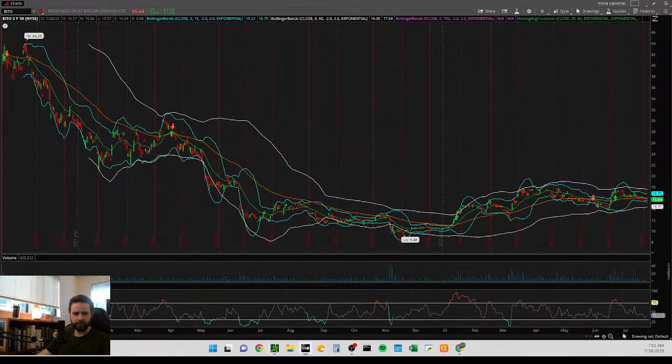Baito up a little bit. Alright, how am I positioned? Biggest position is McDonald's. Second biggest is American Express, which is up 50 basis points today.